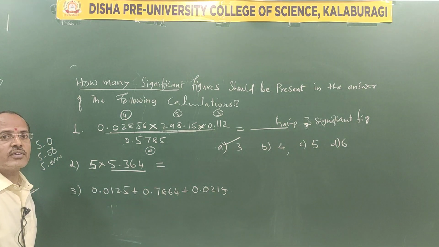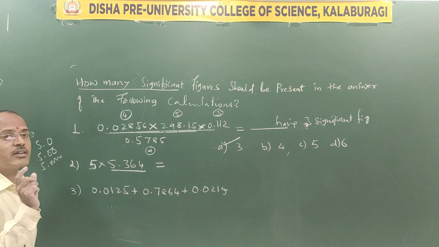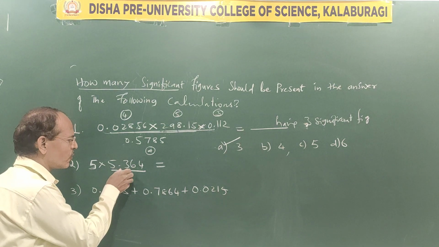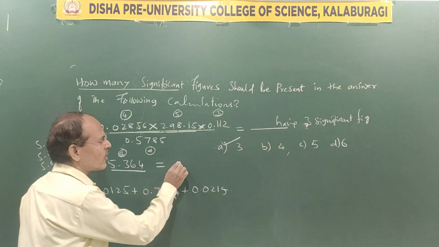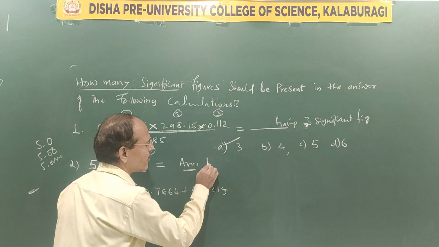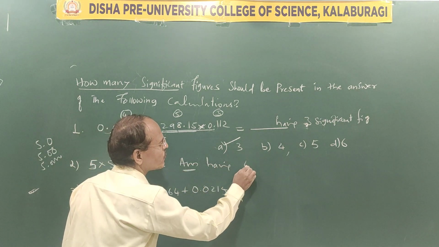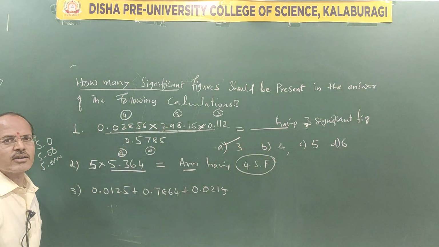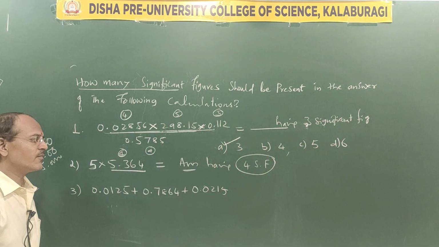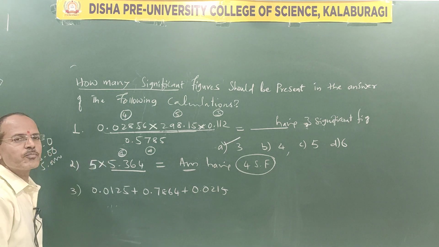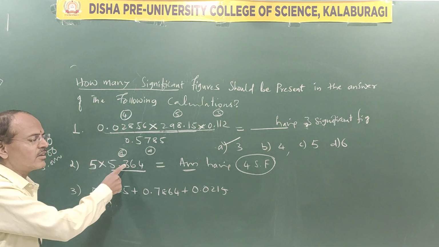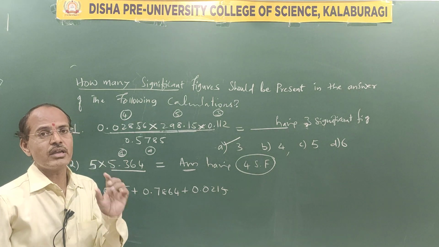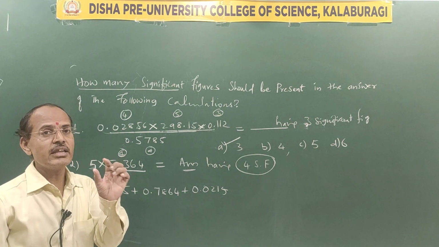Concentrate on the one which contains a definite number of significant figures. Here there are 4 significant figures. So the answer has 4 significant figures, because it is multiplication again.